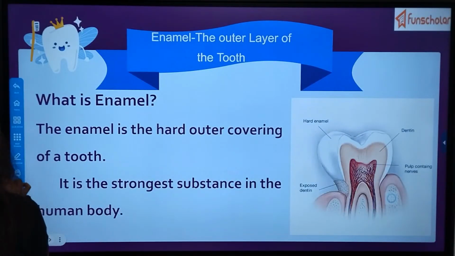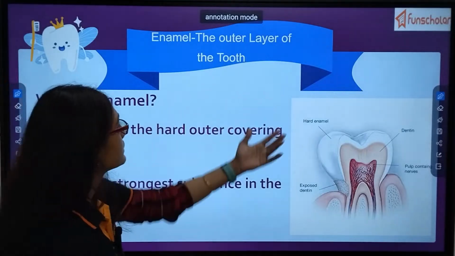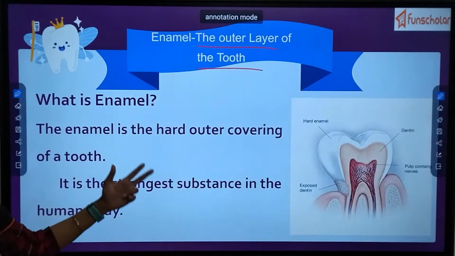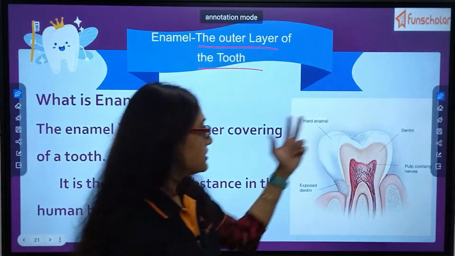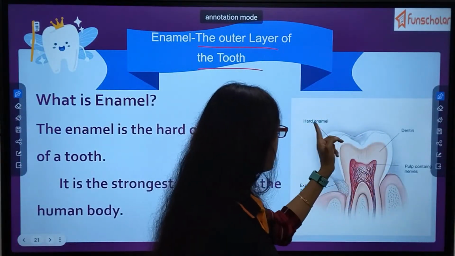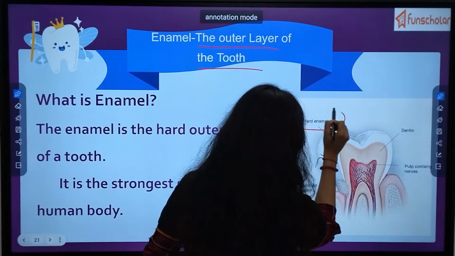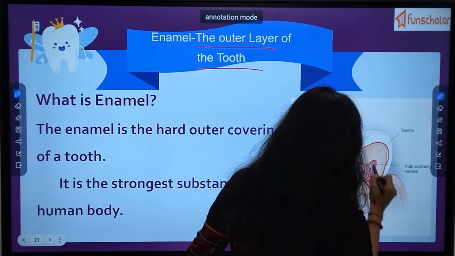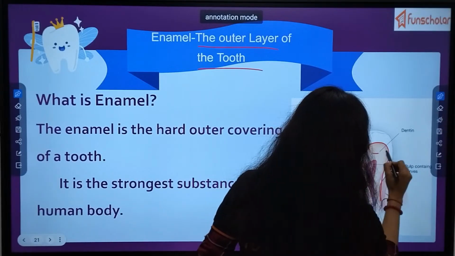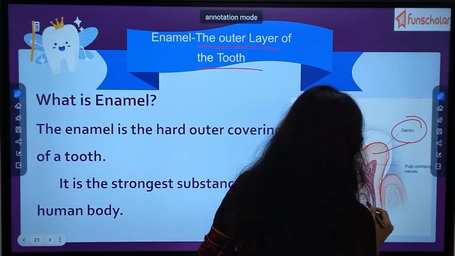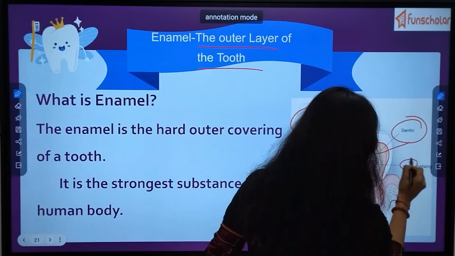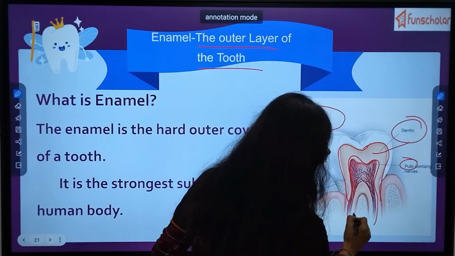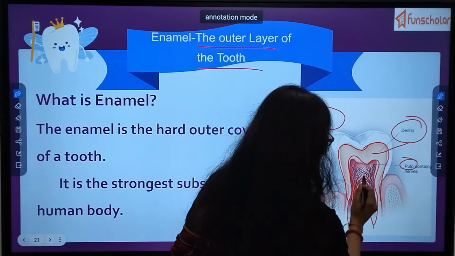Okay, enamel, I have already told you, the outer layer of the tooth which protects the tooth from any injury or damage is known as enamel. See, and this part below the enamel is the dentine and it contains what? Pulp. This is the pulp, right? And it has what?